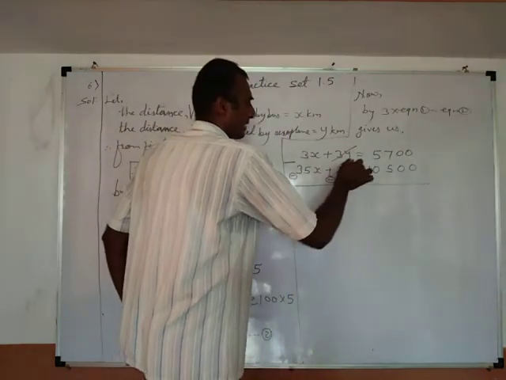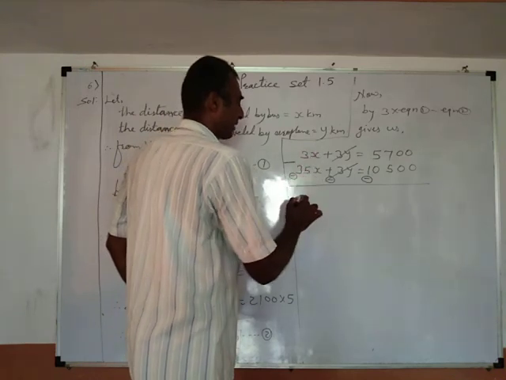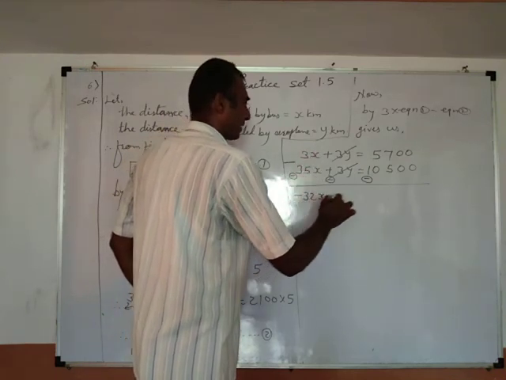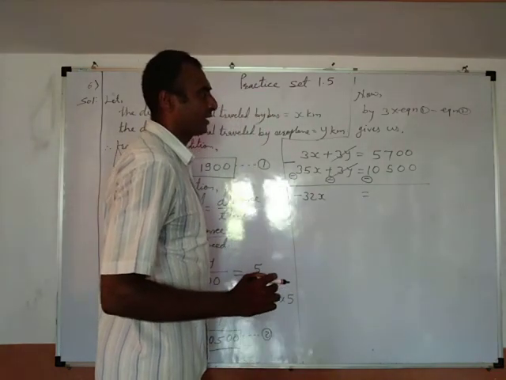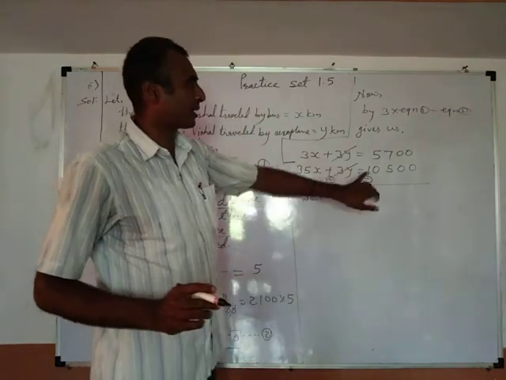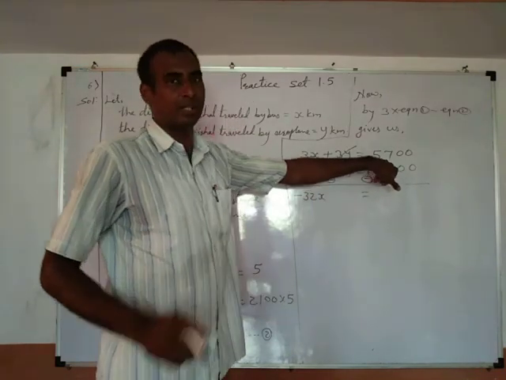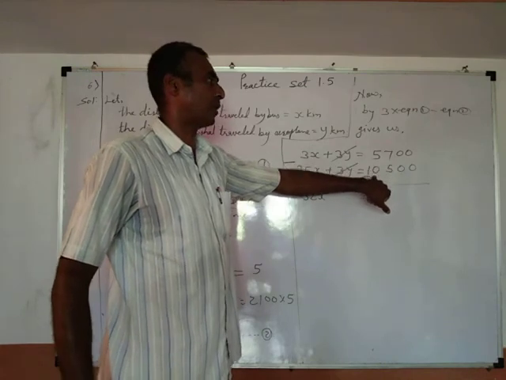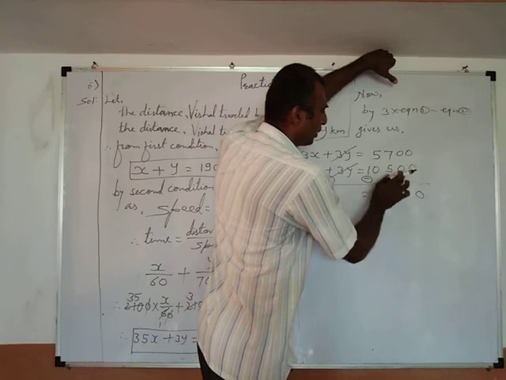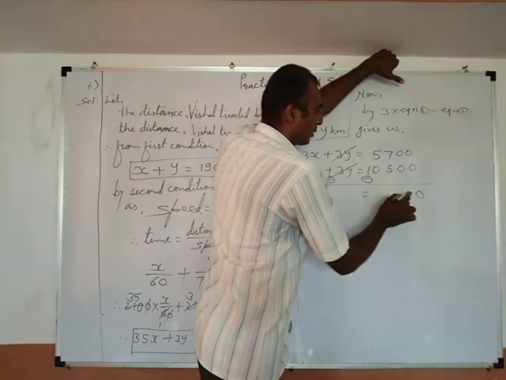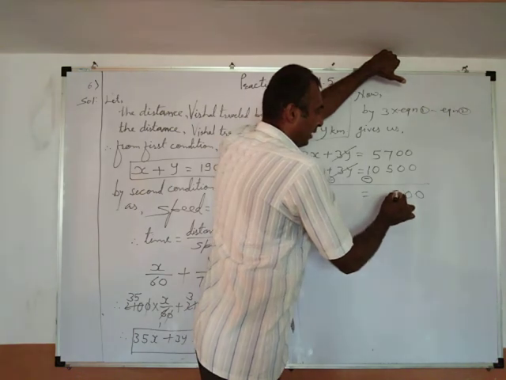Plus 3y will cancel with minus 3y. 3x minus 35x gives us minus 32x equals 5,700 minus 10,500. We cannot subtract 10,500 from 5,700, but we can subtract 5,700 from 10,500. 0 minus 0 gives us 0. 0 minus 0 gives us 0. 15 minus 7 gives us 8.